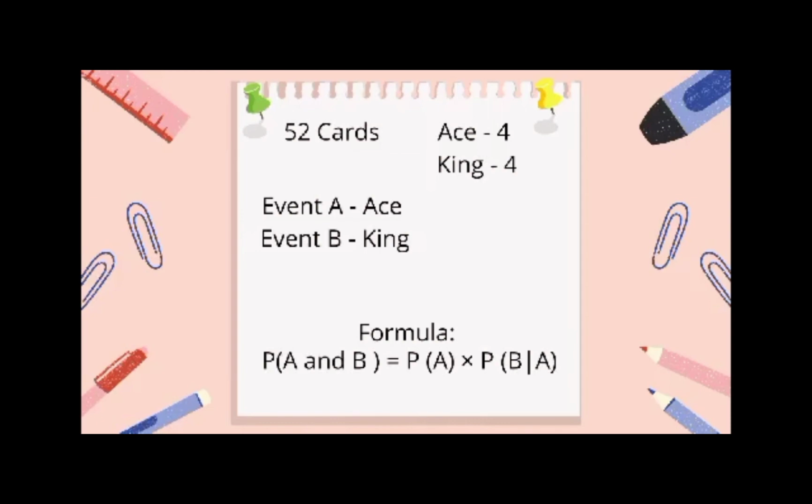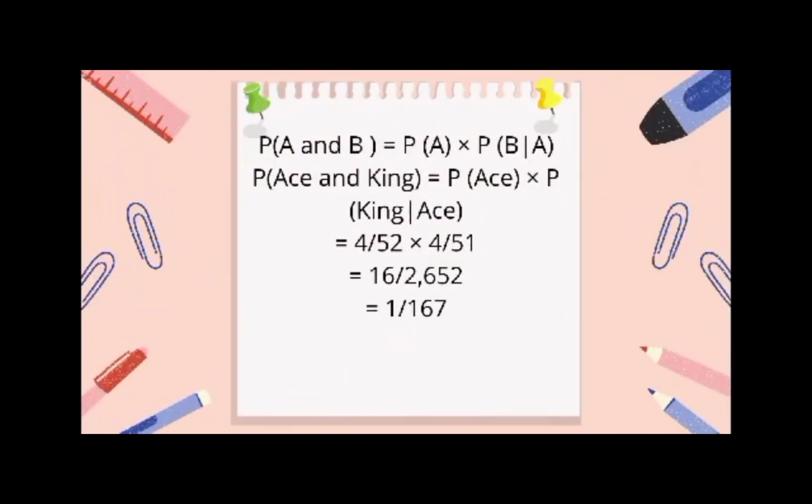So let's proceed. Probability of ace and king equals probability of ace times probability of king given ace, equals 4 aces over 52 cards times 4 kings over 51 cards remaining, since we are holding an ace.